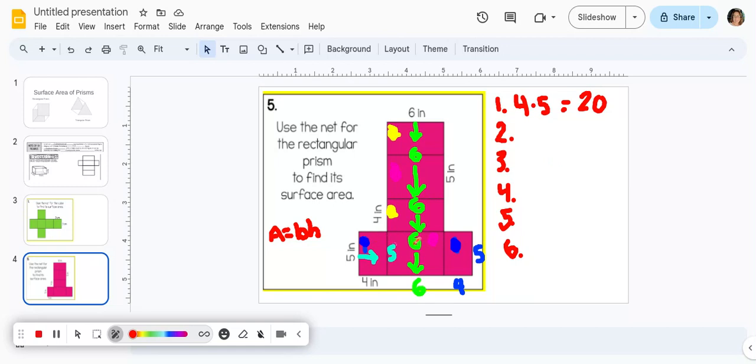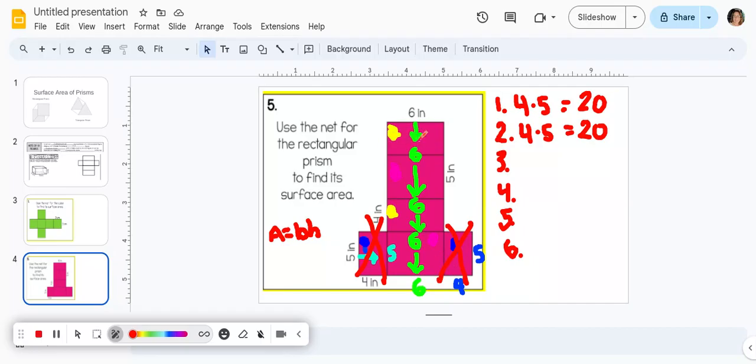Now remember, my blue, those are the same. So if 5 times 4 is here, I'm going to do that again for my second shape. Now, I have already found this shape. I have already found this shape.